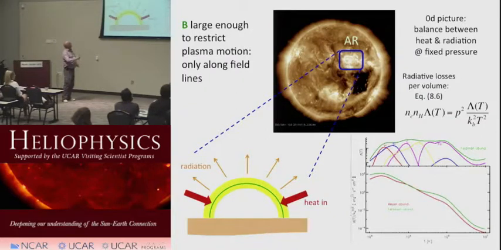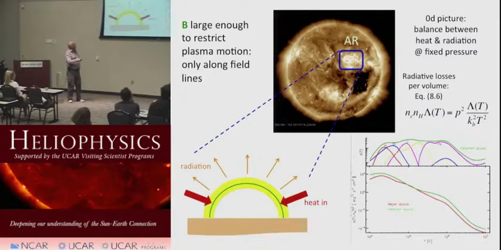Here we're looking edge on, so there's the surface of the sun that's not the corona, and then we have a field line that, because of this MHD requirement, the plasma is more or less confined to stay on this magnetic field line.